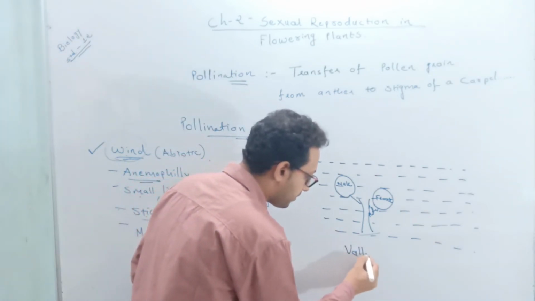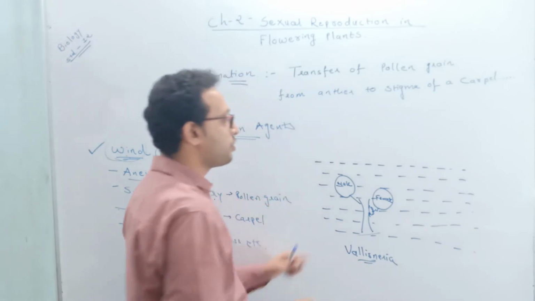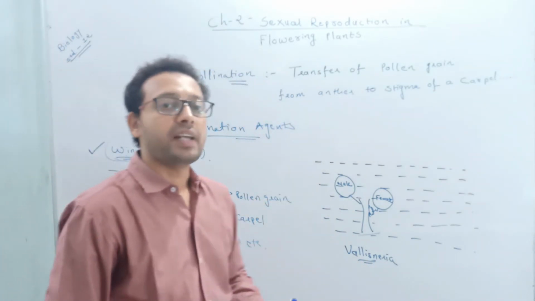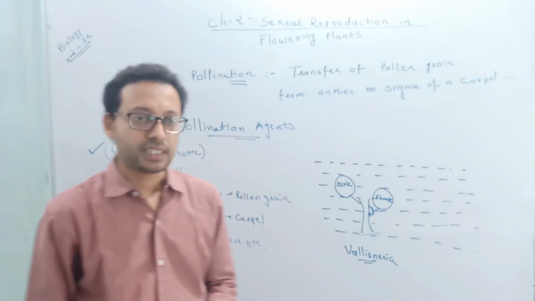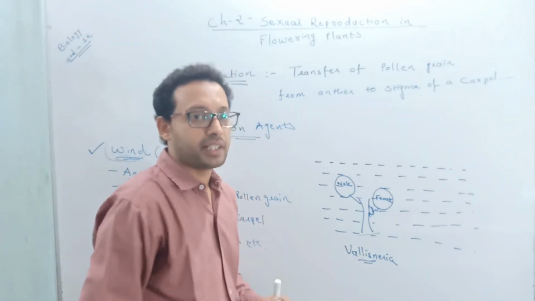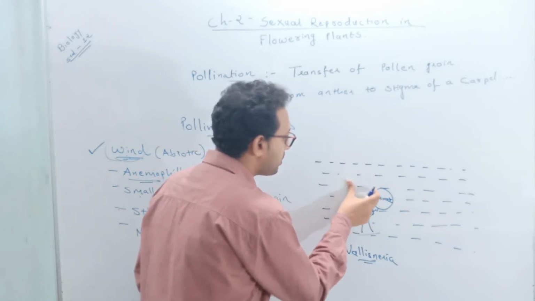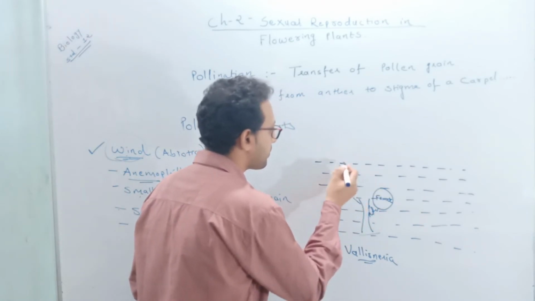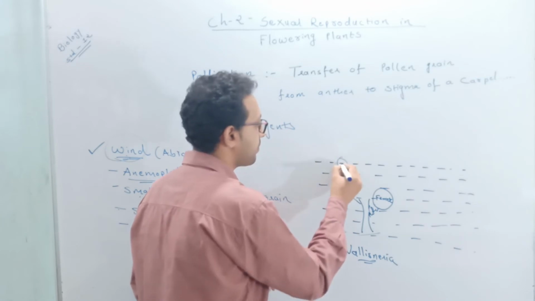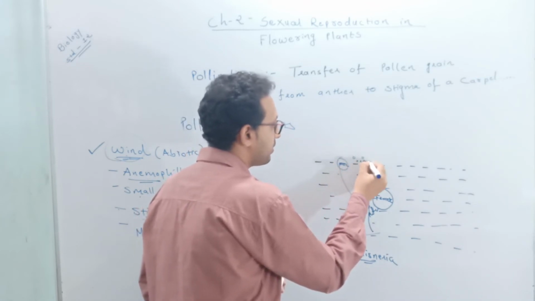I am explaining hydrophily with the example of Vallisneria. Let's see how it occurs. When there is a need to transfer pollen grain, this male flower comes to the surface and releases the pollen grain.